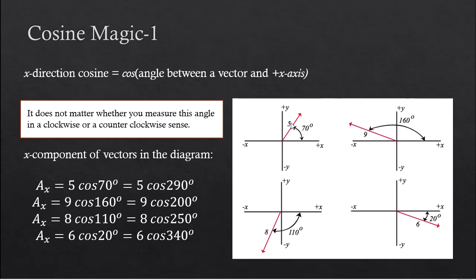As it doesn't matter whether you measure the angle clockwise or counterclockwise, you can write the x component of this vector as 5 cosine 70 or 5 cosine 290.